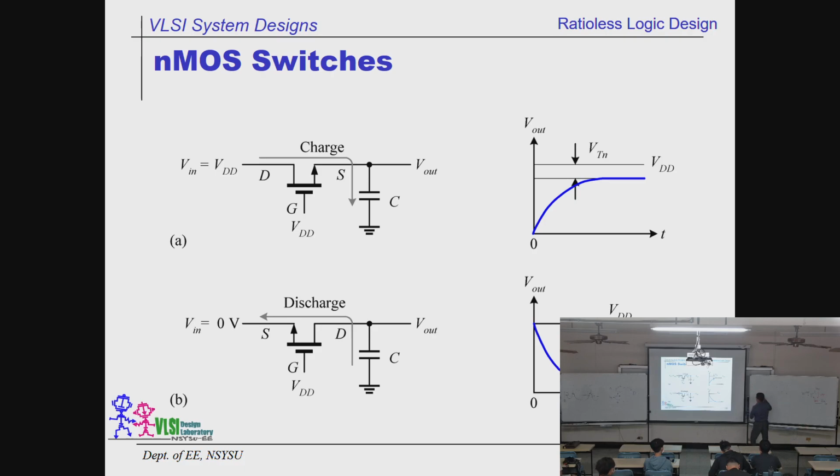In this case, we are going to have a very important N transistor, N device. Pass VDD, pass high. Pass low.